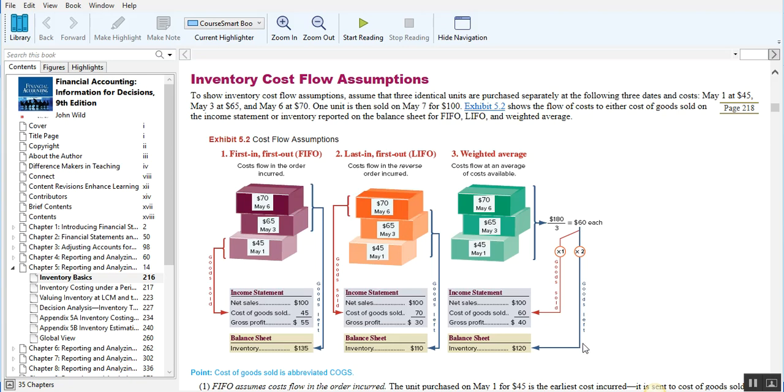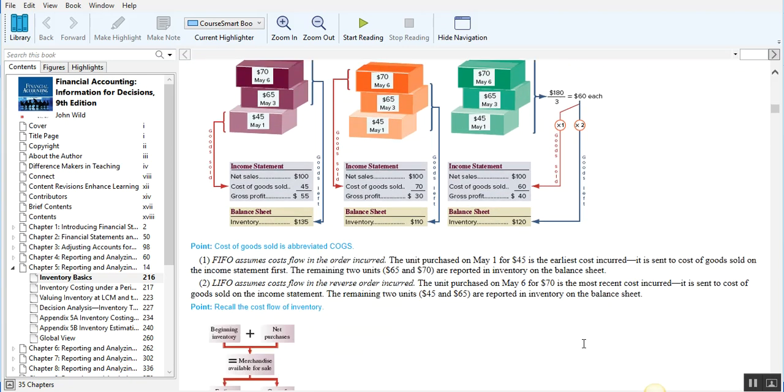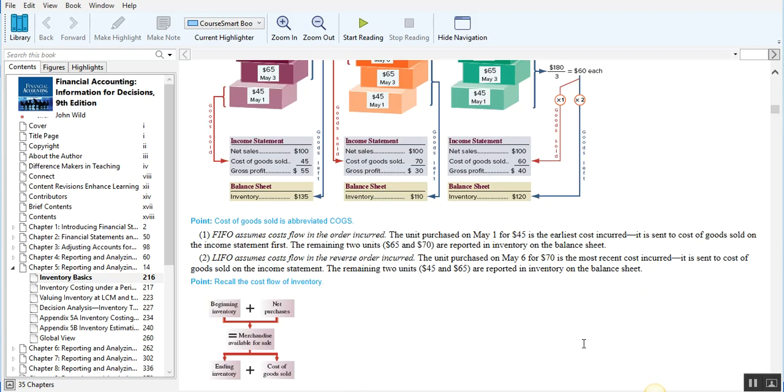We'll talk about how to calculate these in just a moment. But FIFO is assuming that the first things you received are the first things you sell. Typically, this is the case. You're not necessarily going to sell the last thing you receive before you sell older stock. Typically, you rotate stock in a merchandising business so that the older goods are sold out.